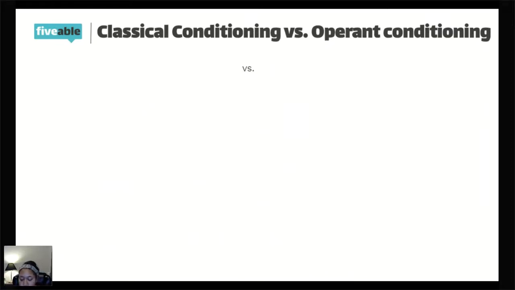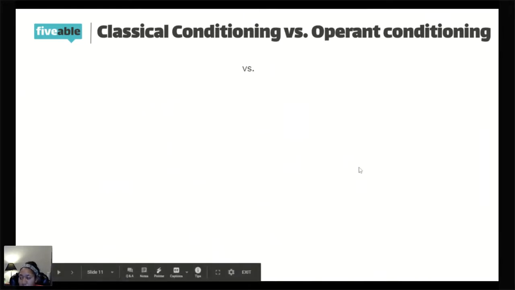If you want to provide an answer in the chat of how you would define them, or any key concepts or key differences, just let me know. But if not, I'll just move on and explain the two, but I'll give anyone a few seconds. Okay, so Lena says classical uses association and operant uses reward and punishment.